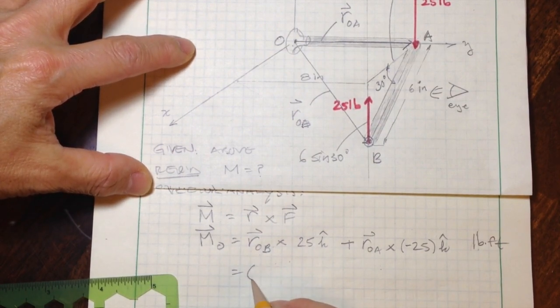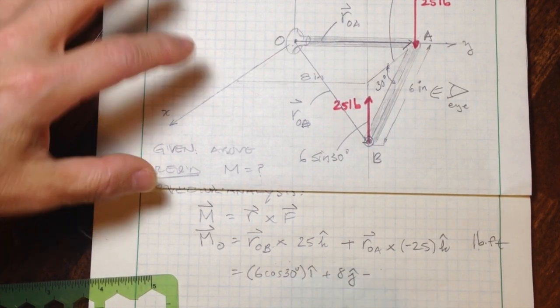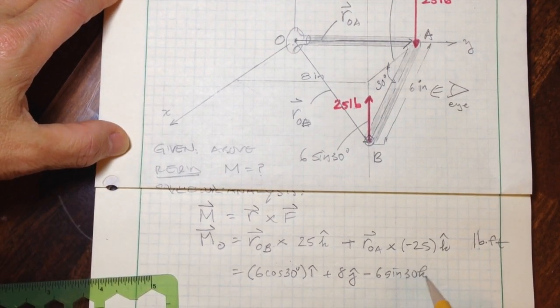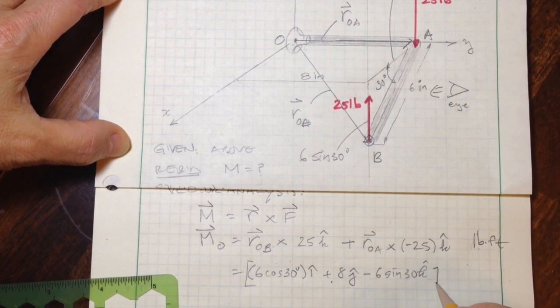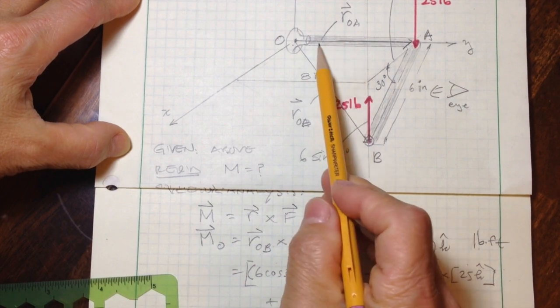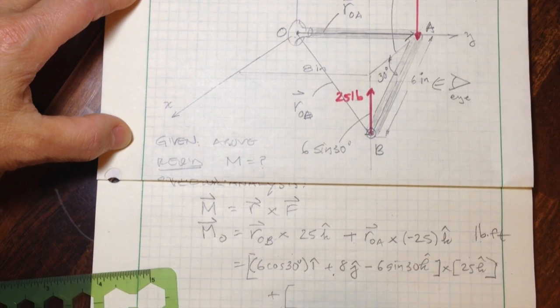So that would be 6 cos 30 i plus 8j minus 6 sine 30k, and we'll cross that with 25k, and then we'll add R from O to A, which is simply 8 inches in the j direction.